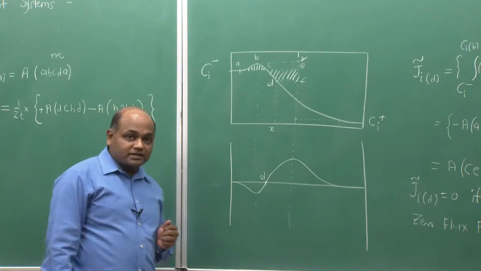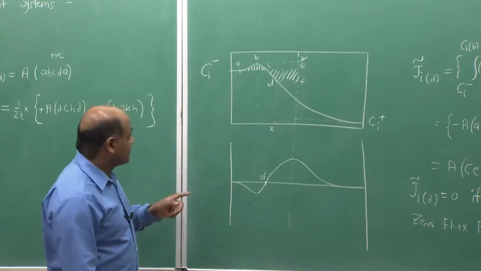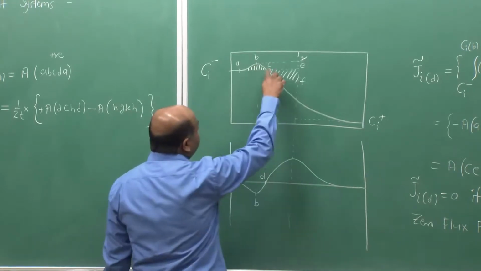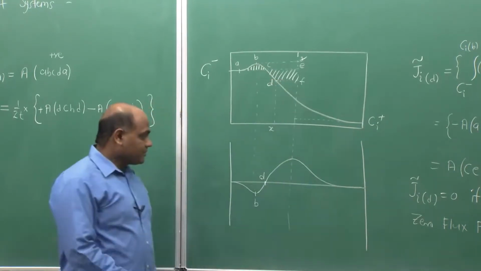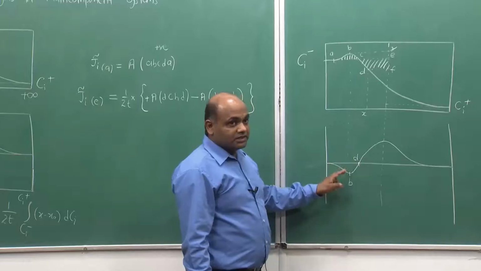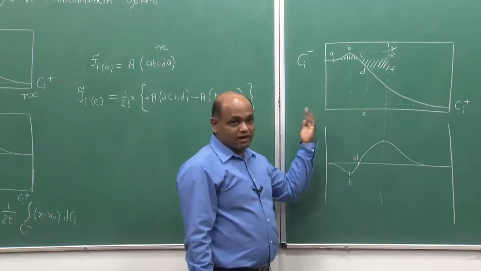This is also apparent from the development of uphill diffusion region here. So, for example, from point B to D, you can see the flux is negative. That is, in our convention, the component I is diffusing from right to left.